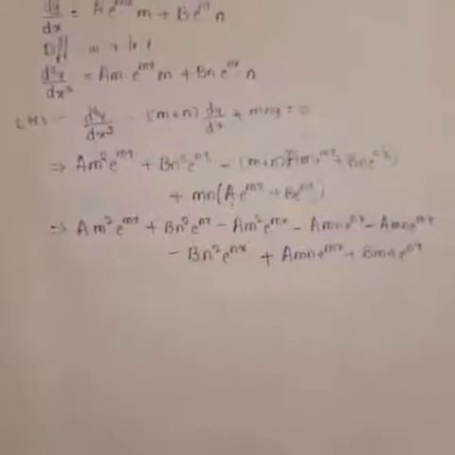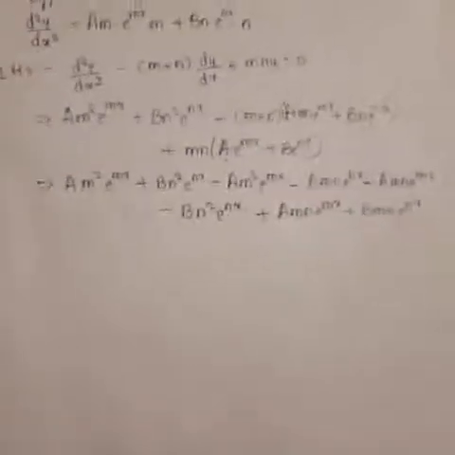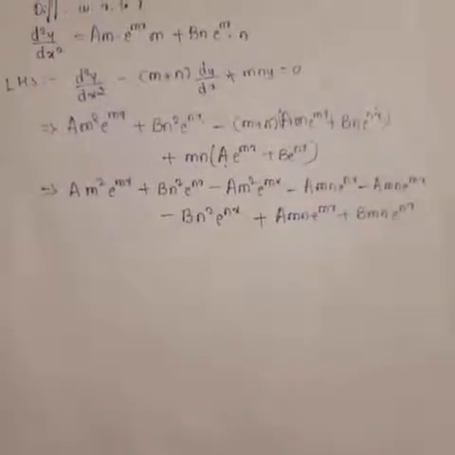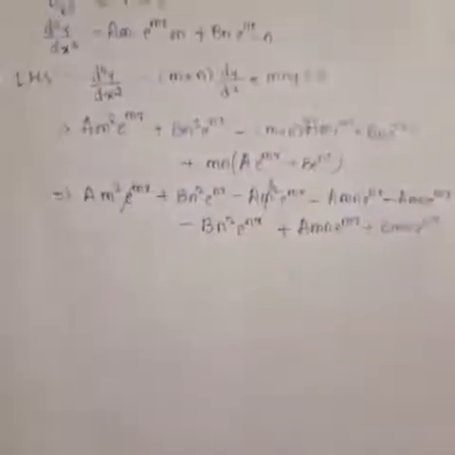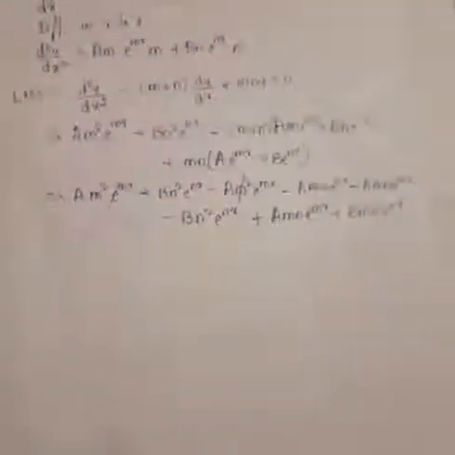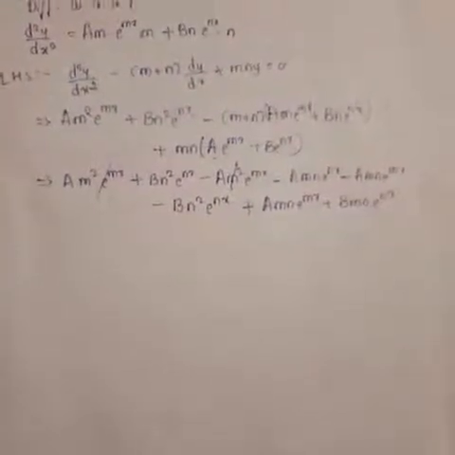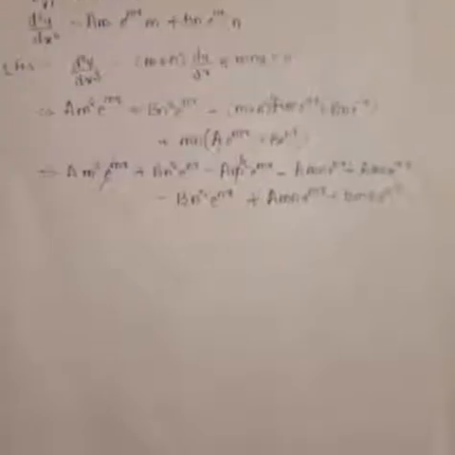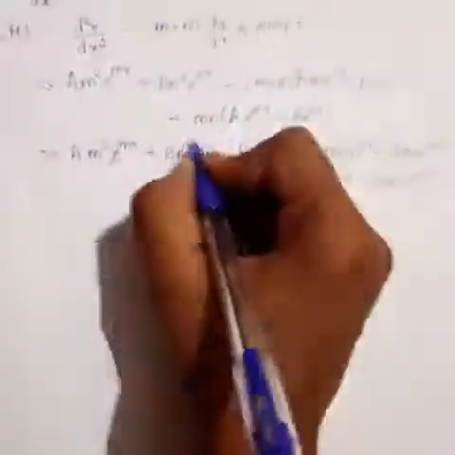Okay, and observe here, the first term is what? a m square e raised to mx is there. Look at the first term and third term. These two get cancelled because negative opposite symbols are there. Then again second term and sixth term. See here, b n square e raised to nx and minus b n square e raised to nx, these two get cancelled.